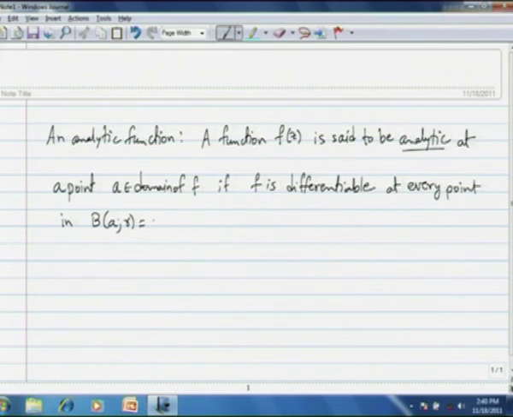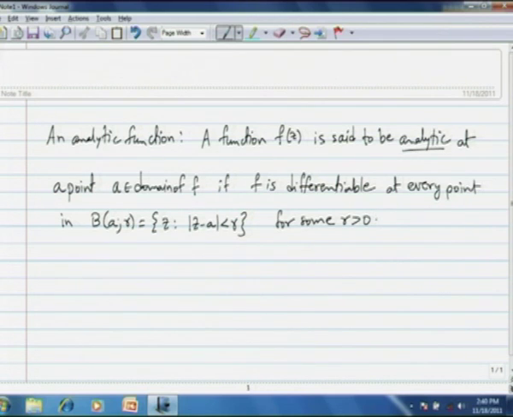Recall what that set is. That is the set of all z such that the modulus of z minus a is strictly less than r, for some r positive.